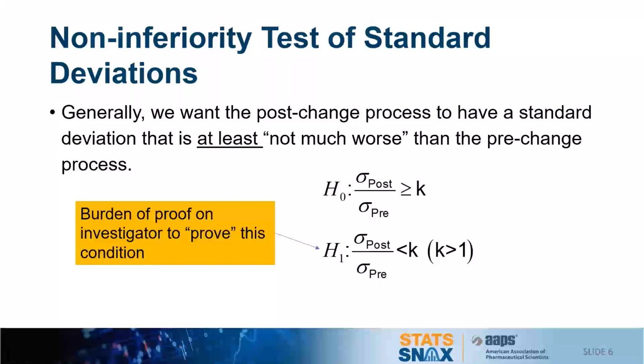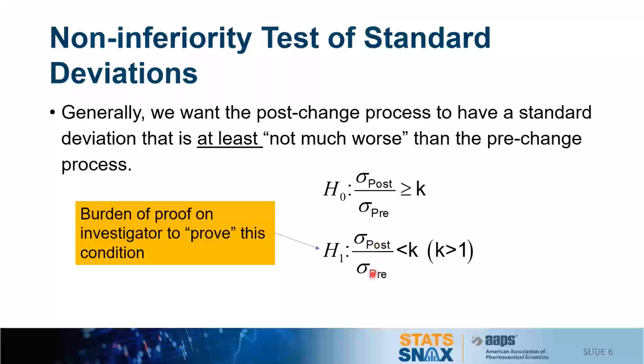Now, unlike a difference of means where we look at differences, when we compare standard deviations, we look at their ratios. So ideally, we would like the standard deviation to be decreased in the post-change population. So ideally, we would like this ratio to be 1 or less. However, non-inferiority means that you don't have to have the post better than the pre.